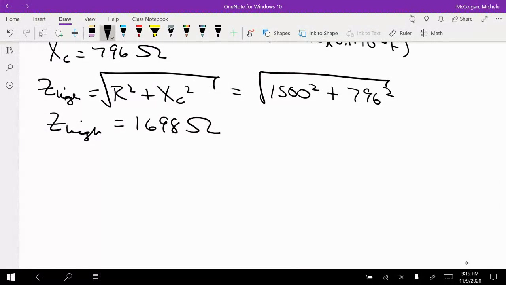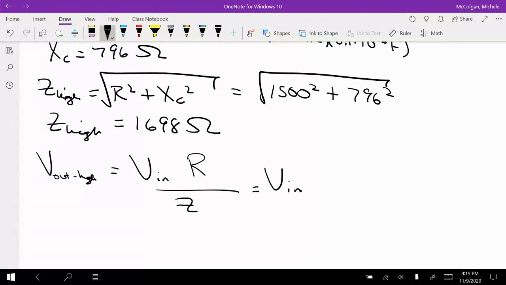So to find the output voltage, again, I'm finding the output voltage across the resistor. So V out high is equal to V in times the ratio of the resistance to Z. And so I'm going to have V in, and R is 1500, and Z for high frequencies is 1698.